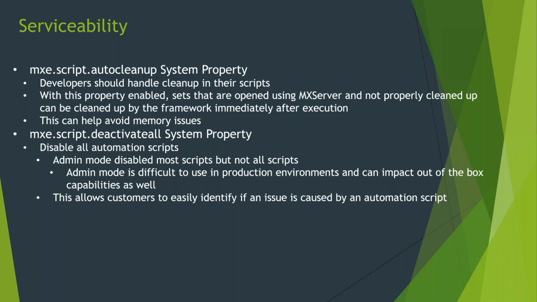Your automation scripts should be doing this automatically on their own. But if you're seeing issues and you don't know where the problem lies, this is potentially a stopgap solution to make sure that you don't have some sort of memory issue in your environment. So this was a new thing that we added. It is disabled by default, but is something you can turn on.